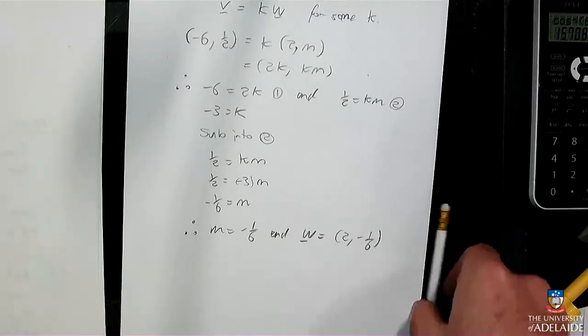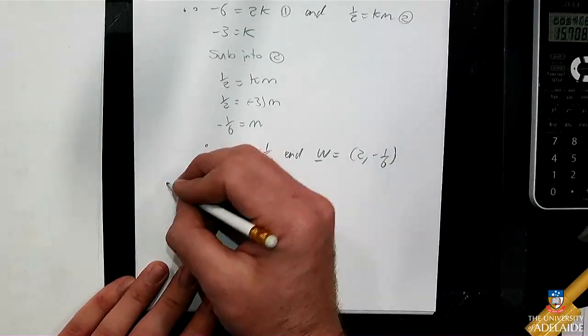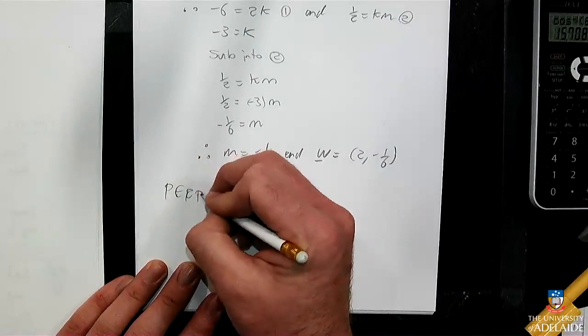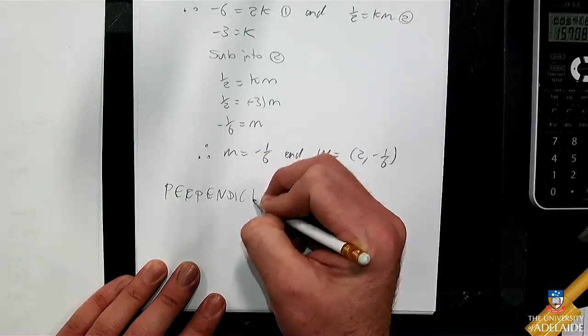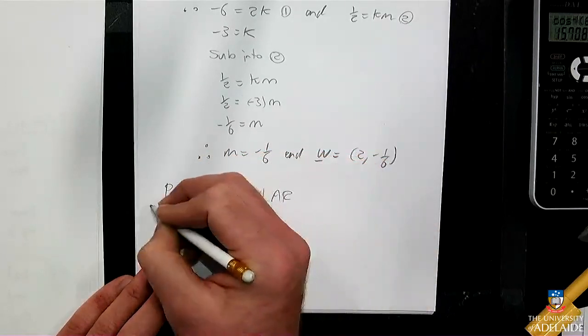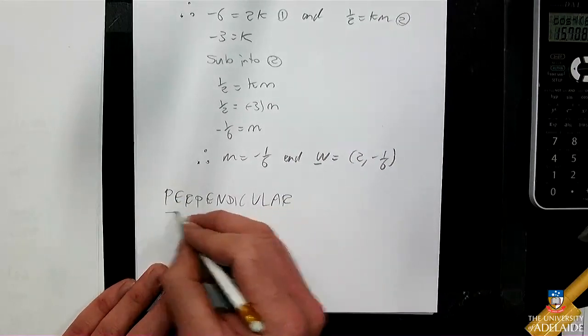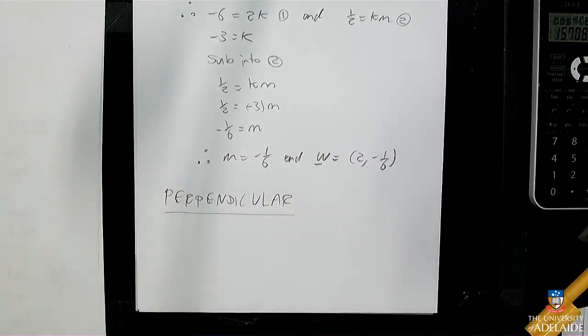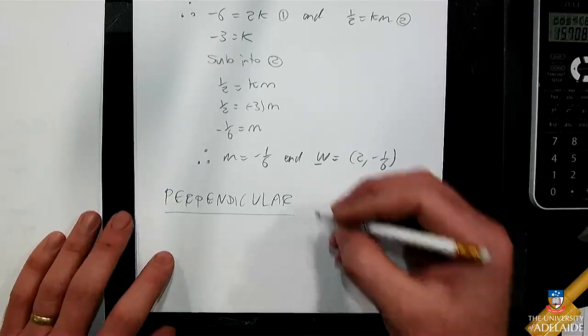Okay, so now let's talk about perpendicular. There's another word that you might see in terms of vectors, which is orthogonal.